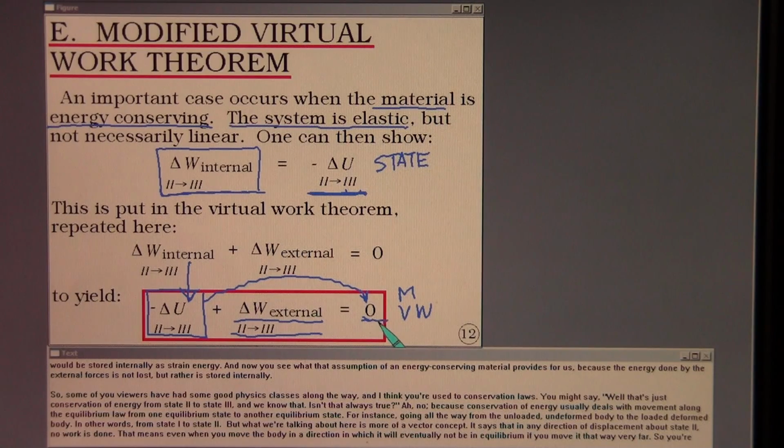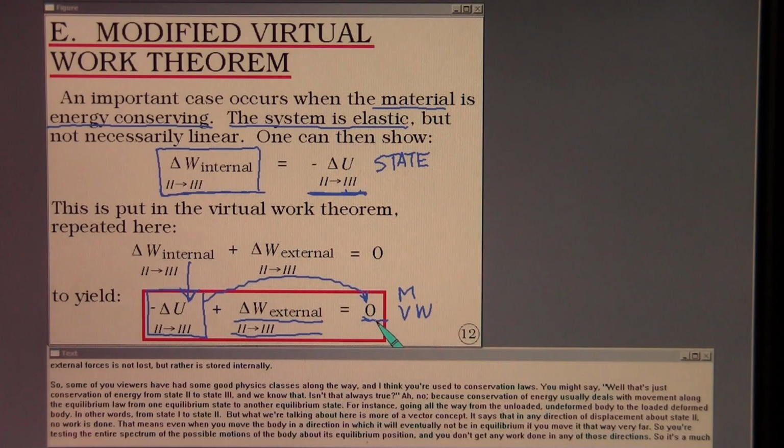But what we're talking about here is more of a vector concept. It says that in any direction of displacement about state 2, no work is done. That means even when you move the body in a direction in which it will eventually not be in equilibrium if you move it that way very far.